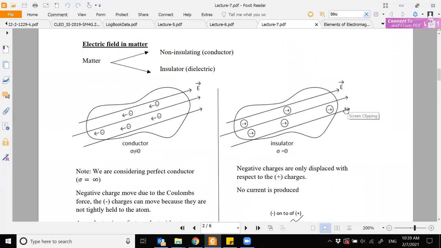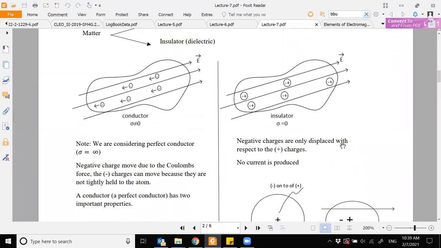Now for the dielectric, because the dielectric doesn't have any free electrons, the electrons are tightly bonded with the nucleus. The nucleus is the positive charge, and the electrons in the orbital, particularly the valence electrons, are tightly bonded. That's why I'm showing the atom in this manner, minus and plus.